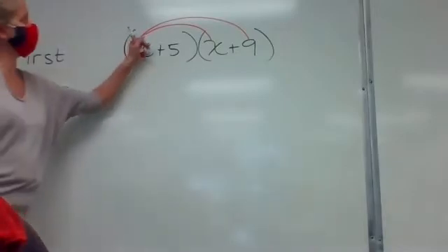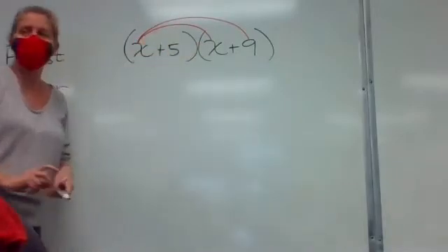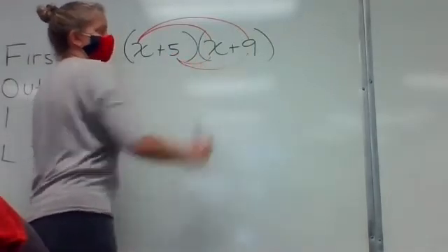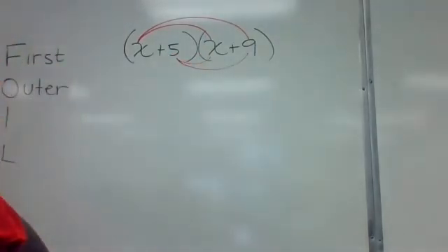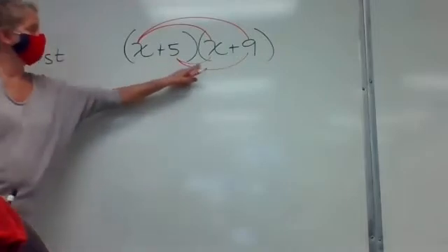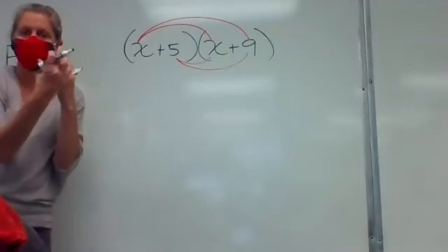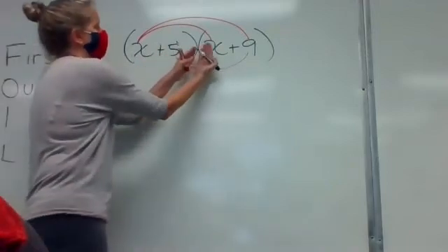So after you distribute the x, then you're going to start all over and distribute the 5 to both of those. So I'm going to be in. That's inner, the innermost terms together, all the way on the inside.